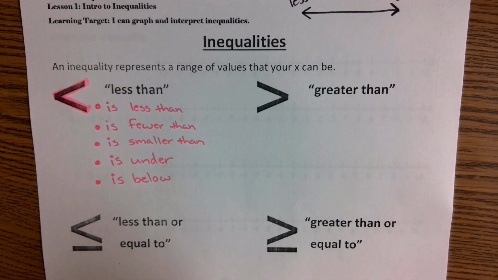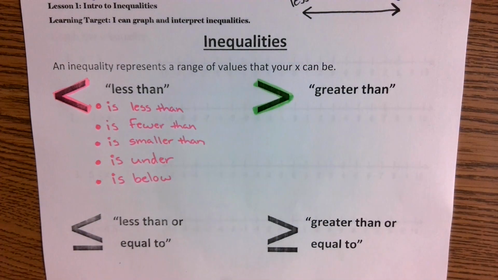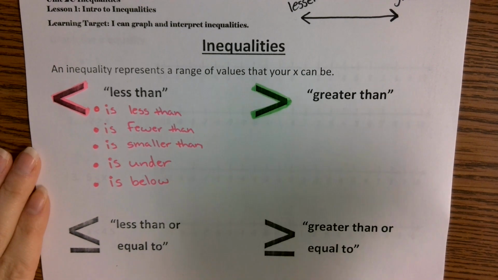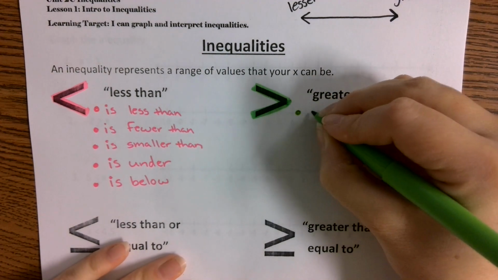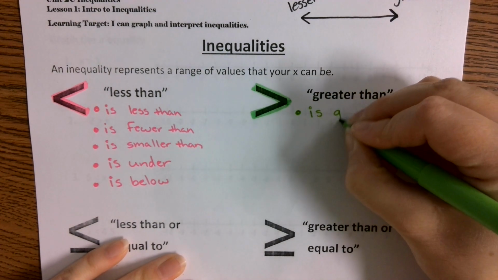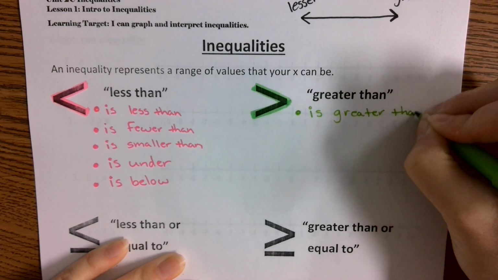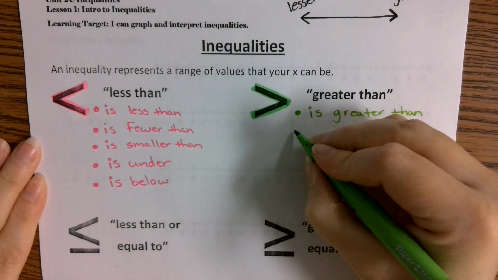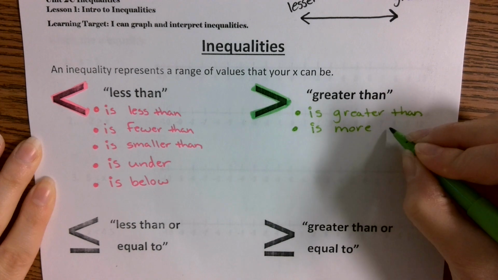Then we have our greater than symbol. Again, the arrow is pointing to the right. If it was a number line, it would be in the direction of the larger numbers. And then, of course, we have the Captain Obvious here. The phrase "is greater than" would represent a greater than symbol. "Is more than."